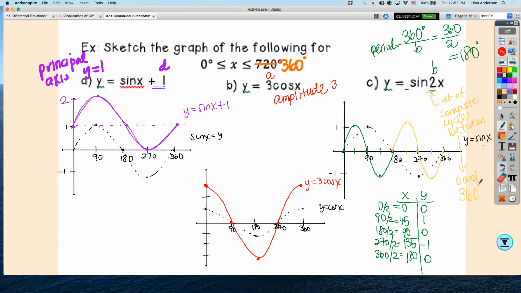The B value tells you the number of complete cycles between 0 and 360. As you can see, green was 1, this yellowish tan color was 2. And I completed 2 full cycles between 0 and 360. So B also tells us that information as well.